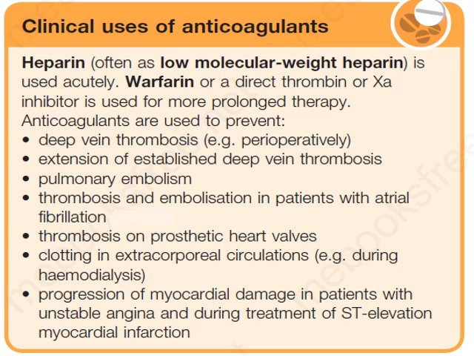In case of mechanical heart valves or prosthetic heart valves, we won't be using newer oral anticoagulants. Here we will be using warfarin. The drug of choice will be warfarin. So this finishes anticoagulants.